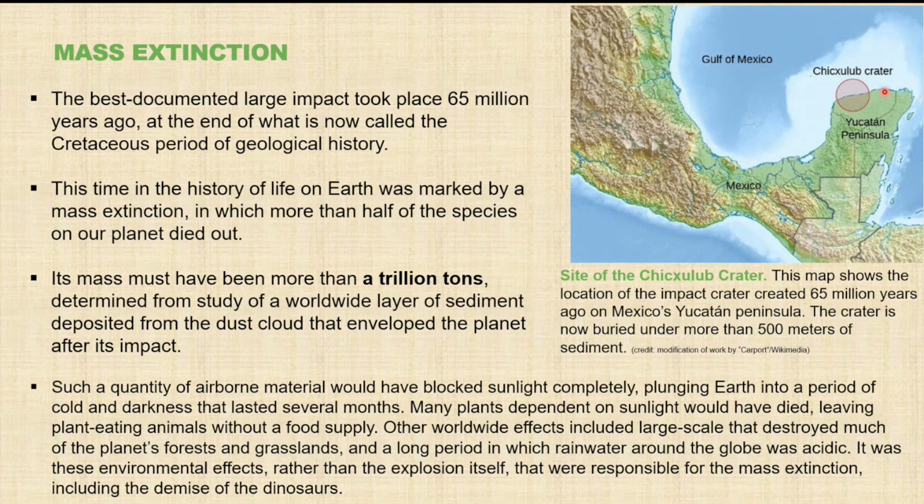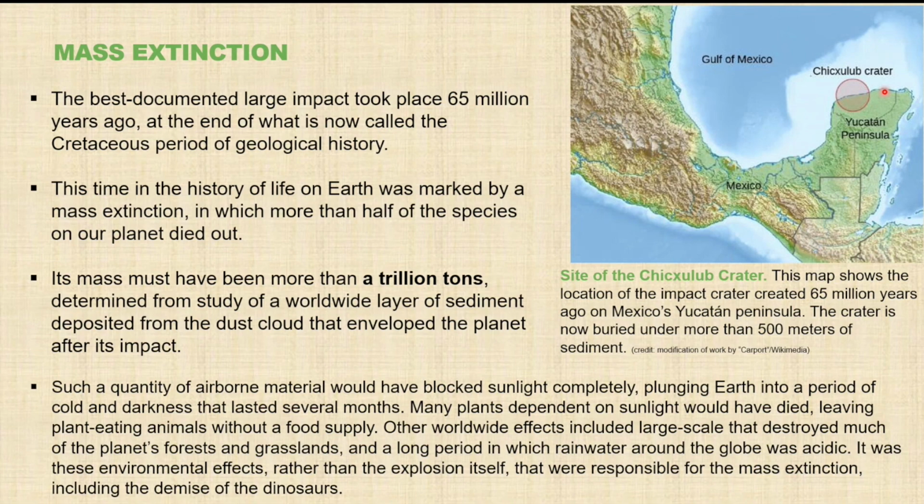That 1 trillion tons, when it hits, it sends out a fireball, not a small fireball, these fireballs can reach halfway through the Earth. And the material, the gas, the smoke it sends out covers the whole Earth, blocking the sun's radiation.